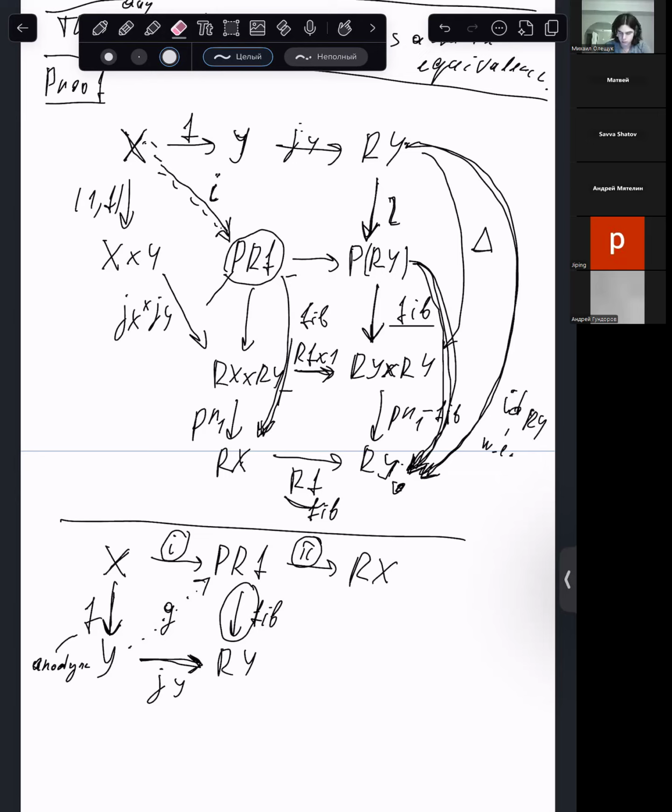Okay, we know that P is a weak equivalence. And we know that P composed with I is JX. That is also a weak equivalence.